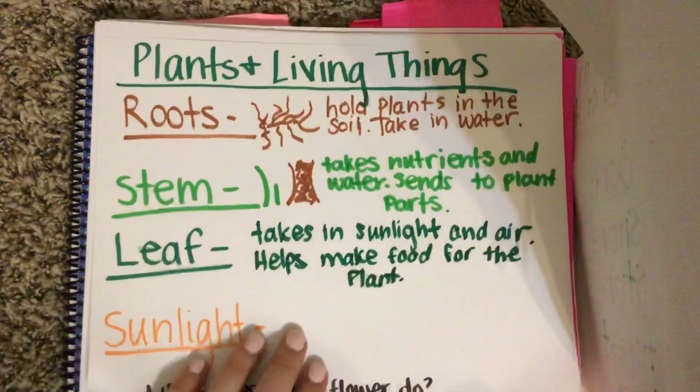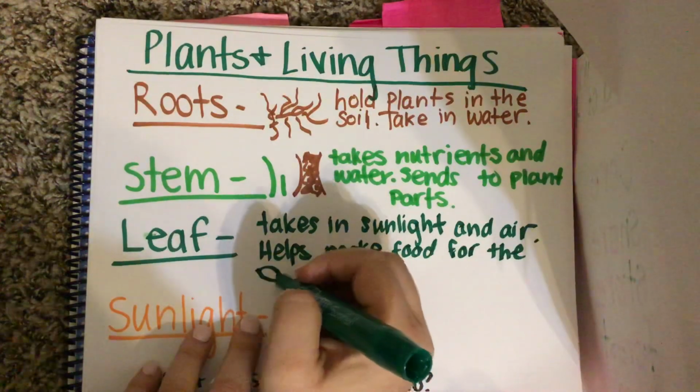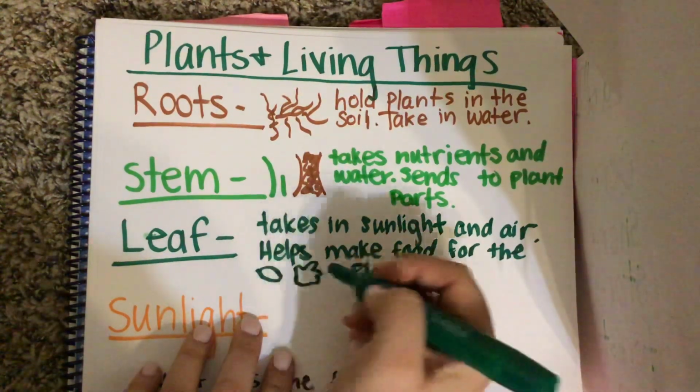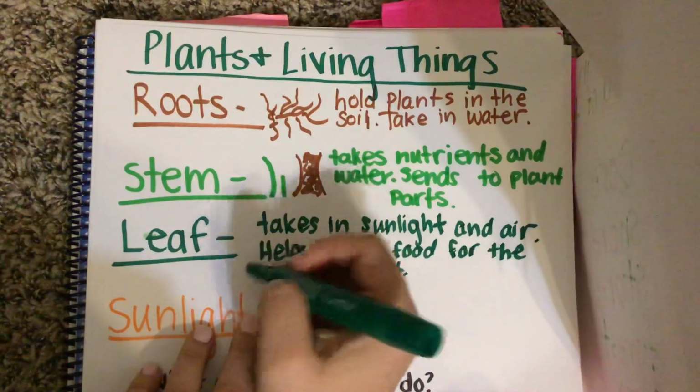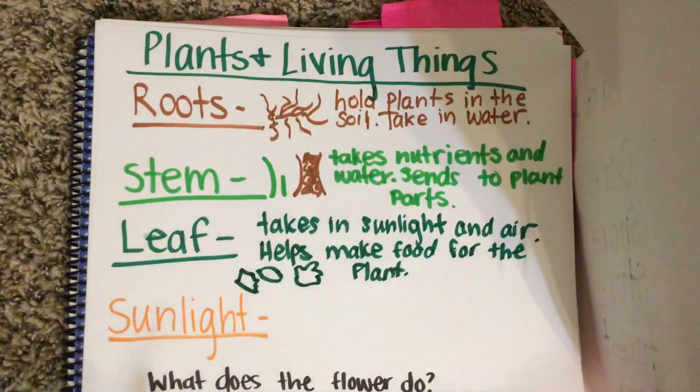To help make food for the plant. So leaves can be different shapes. But leaves look a little bit like that.